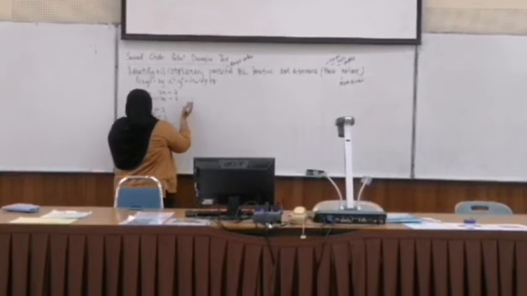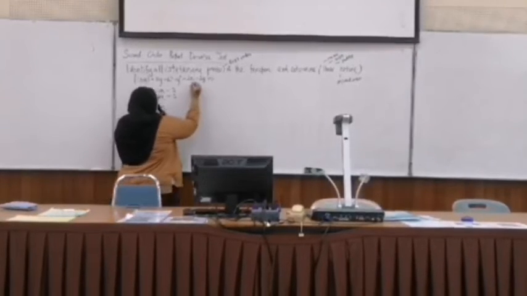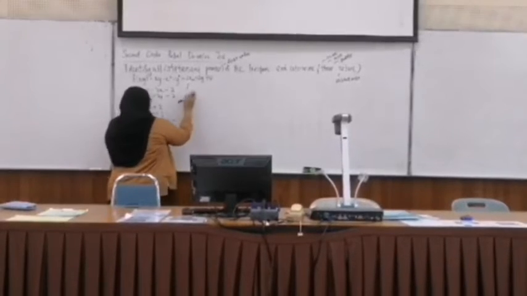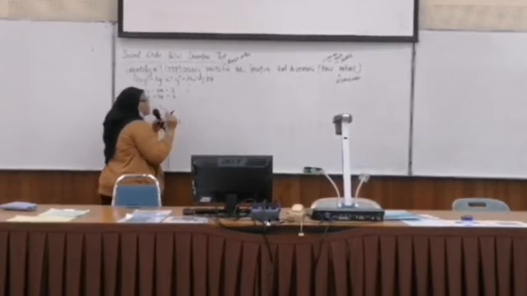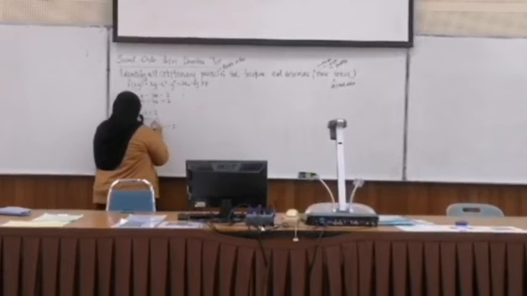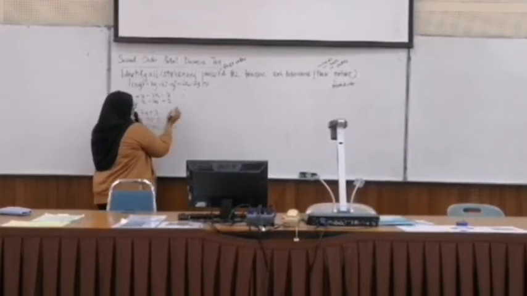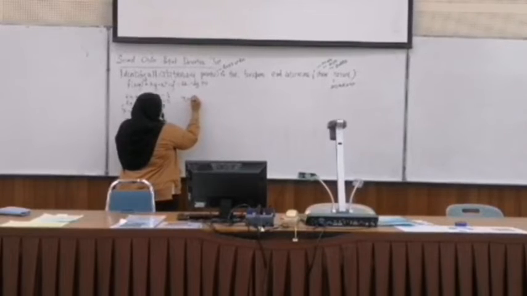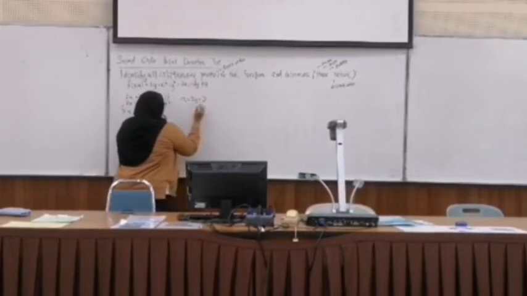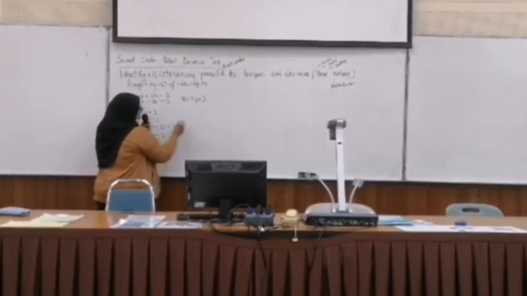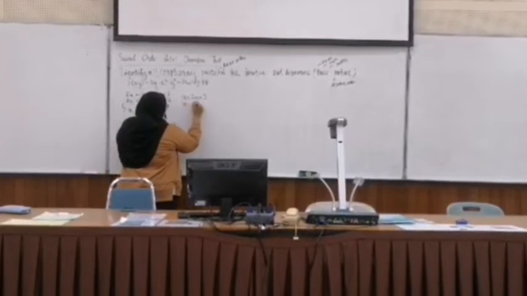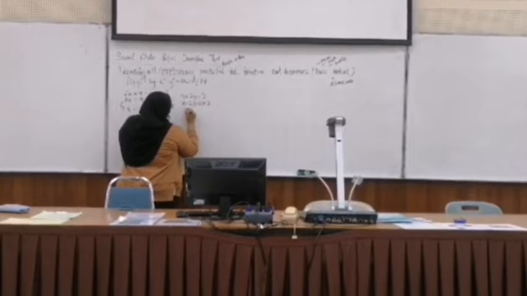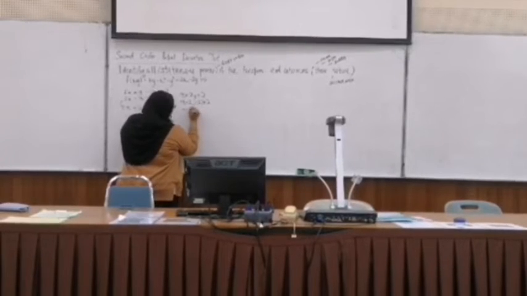And next is to find the x. So our x is x equal to 2y plus 2, and we know y is negative 2, so x equal to 2 in bracket negative 2 plus 2, and we will get the value of x is negative 2.